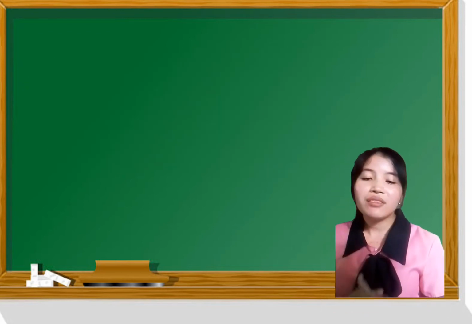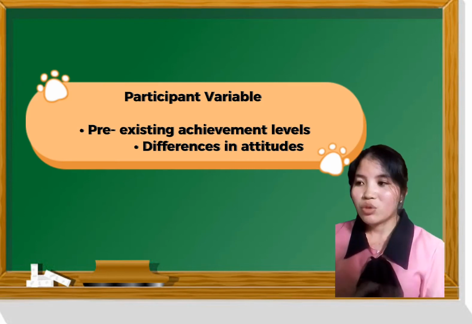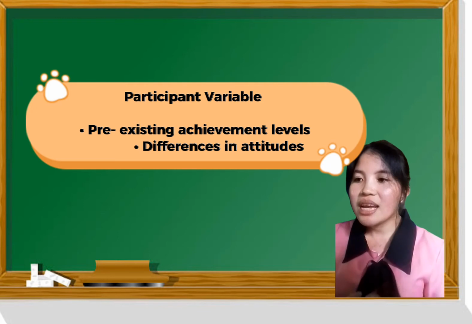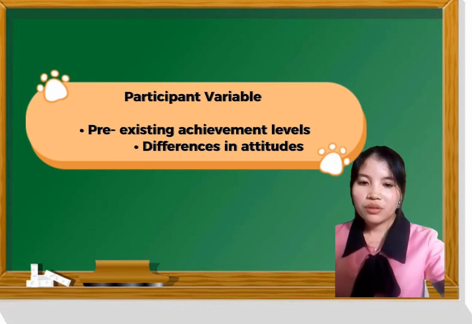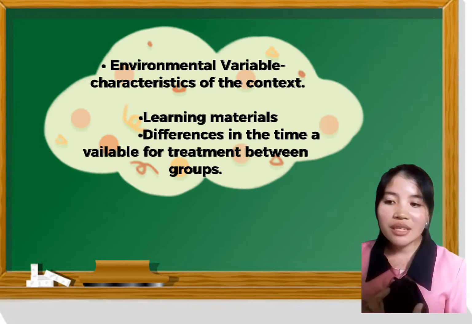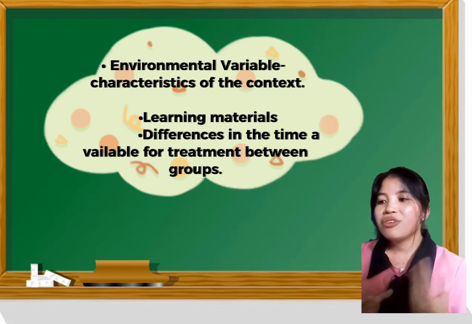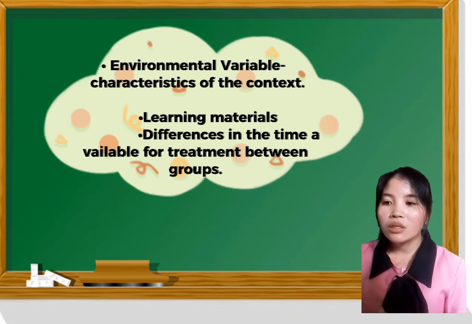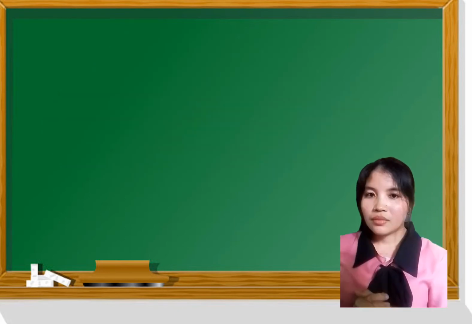Participant variables are characteristics of the subject, such as pre-existing achievement levels and differences in attitudes. Environmental variables are characteristics of the context, learning materials, and differences in the time available for treatment between groups. So that is the manipulation and control.